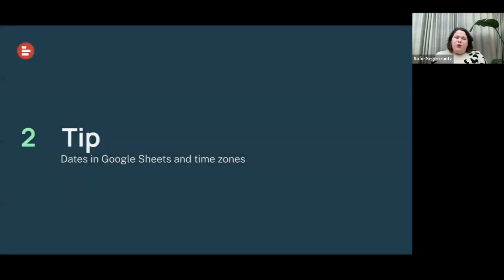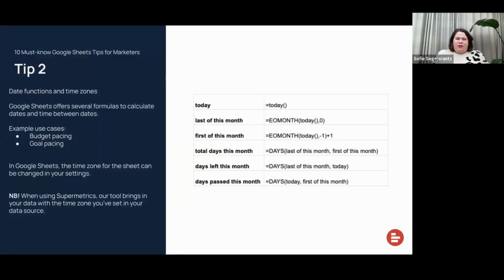Then moving on to tip number 2, dates and time zones in Google Sheets. When we're doing something like budget pacing or goal pacing, we want to know, are we spending over our monthly budget? Are we going to reach our monthly goals? We probably need to use some kind of date formulas.